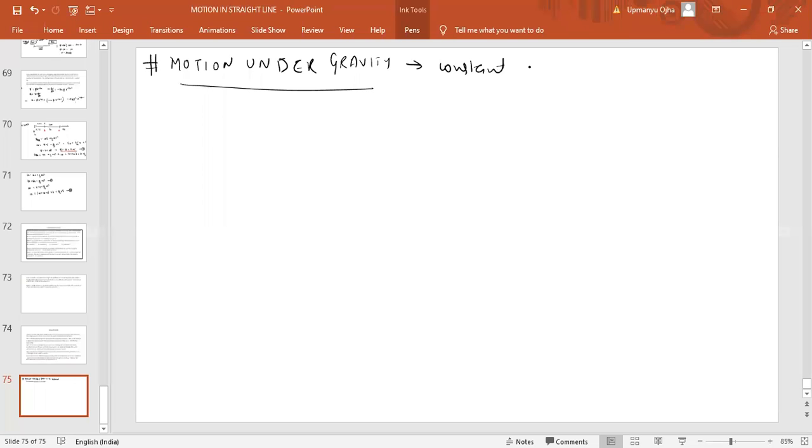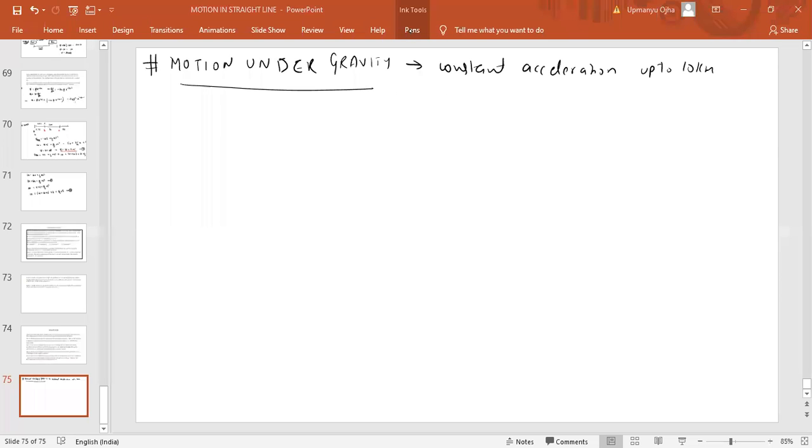Constant acceleration up to which height? Up to 10 kilometers. Beyond that, the g will change. But in our problem, we will make sure that it will be below 10 kilometers only. So we don't have to consider the case above 10 kilometers.